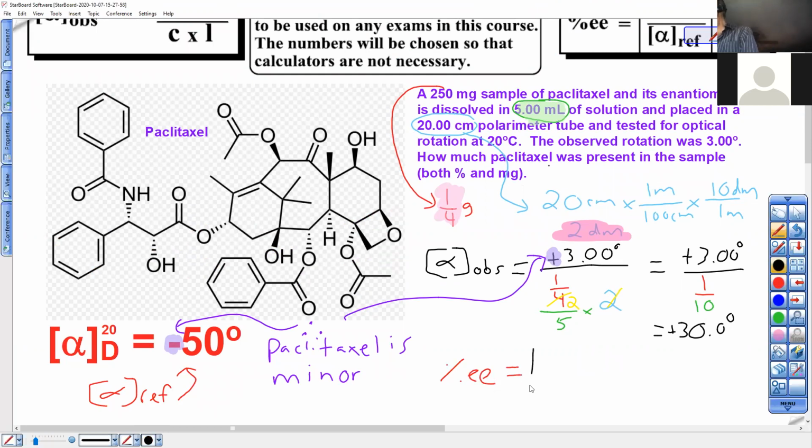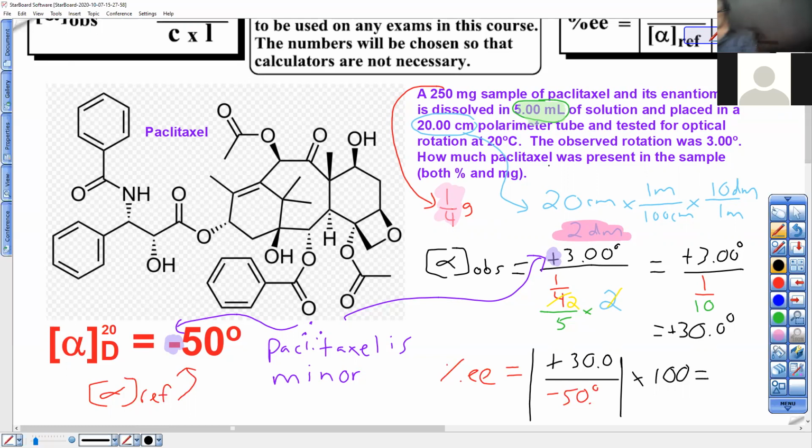You take the absolute value of 30 over negative 50. The sign will disappear. Times 100. No calculators. So just remember, 100 over 50 is 2. And 2 times 30 is 60.